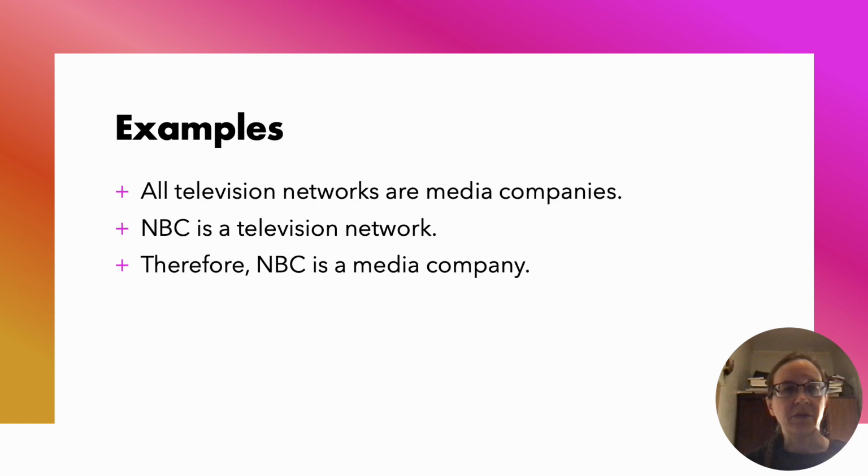So here's an example. All television networks are media companies. NBC is a television network, therefore NBC is a media company. We know that this conclusion is true. The problem I think that people have sometimes is when they're looking at an argument, they'll immediately look at the conclusion and decide whether they agree with it. But that's not the way to figure out whether some argument is a good argument.